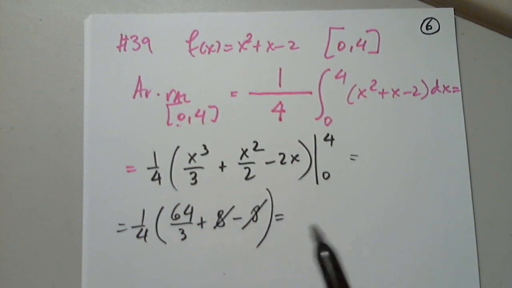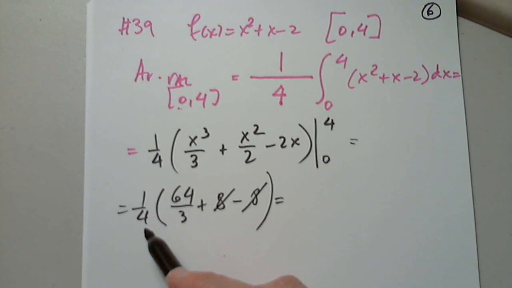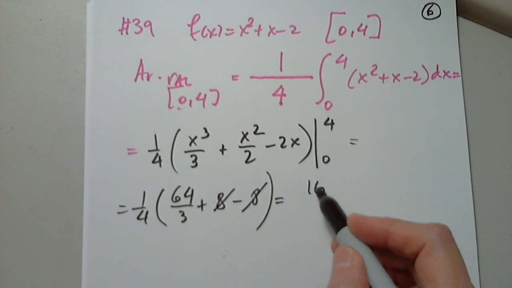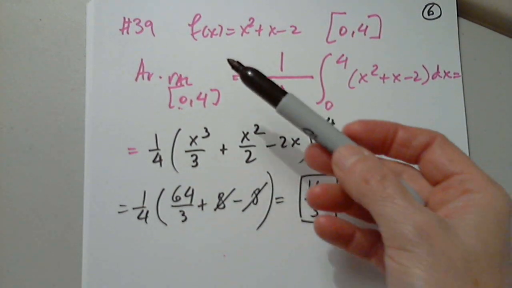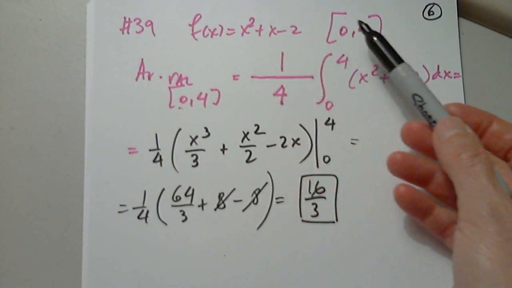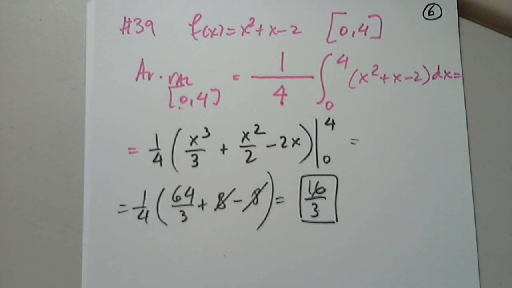So luckily, this is 64 divided by 4. It's 16 divided by 3. So the average value of this function on the interval 0, 4 is 16/3. That's how we apply the formula.